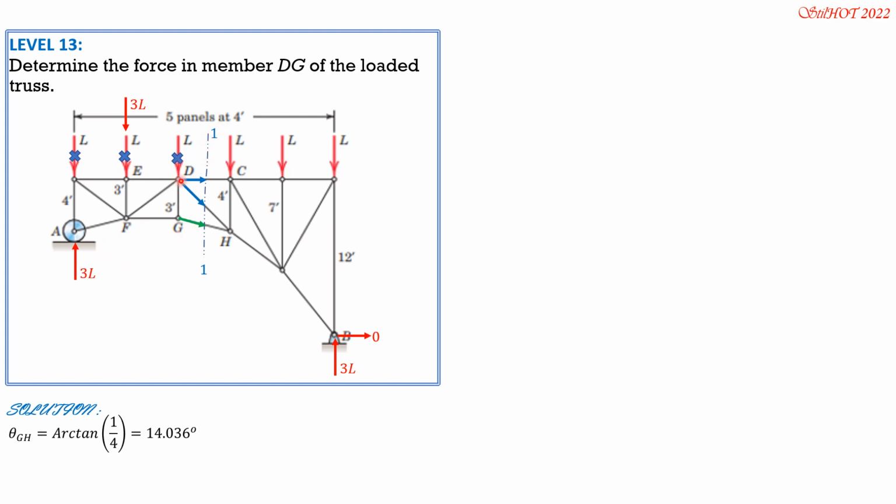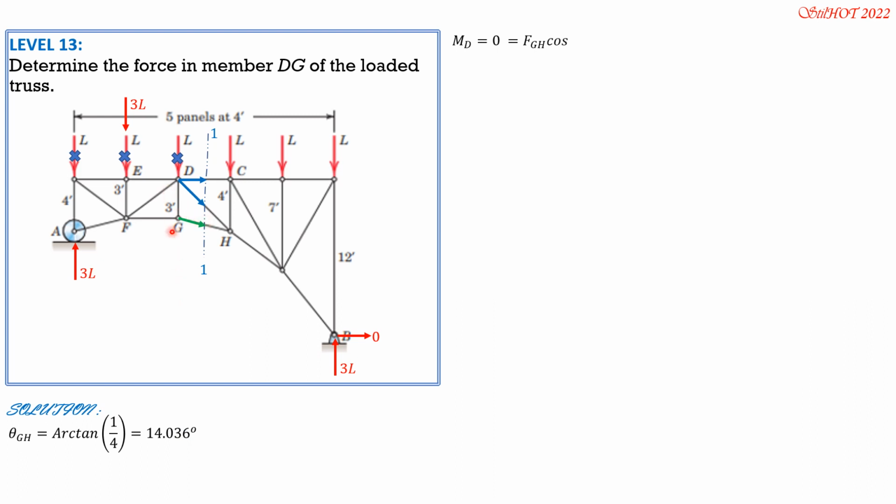So summation of moment about D equals 0, counterclockwise positive. There are two components of FGH, horizontal and vertical. The vertical passes through D, so it has no moment, just the horizontal component. The horizontal component is FGH cosine of 14.036 and the moment arm is 3.